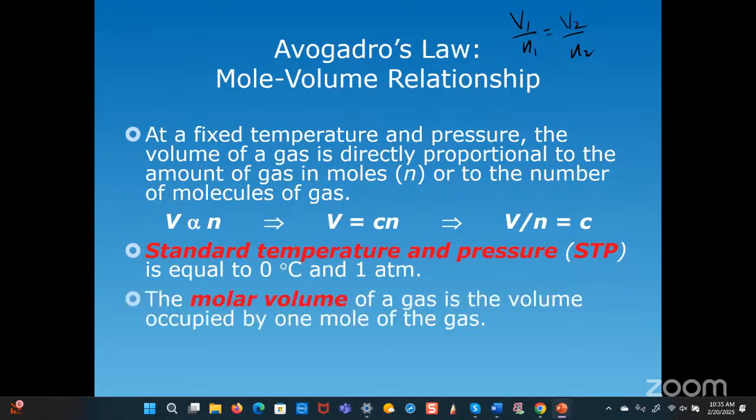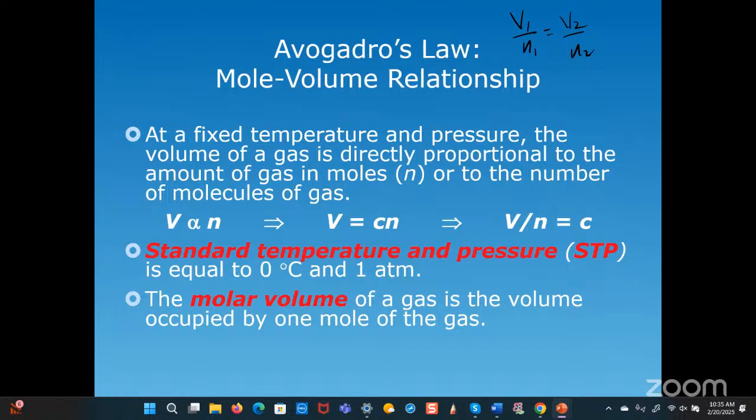Another thing I want to talk about here, which again you should have met before, is this concept of molar volume, which by definition is the volume occupied by 1 mole of a gas. And it turns out that 1 mole of a gas will occupy the same volume at the same temperature and pressure conditions.